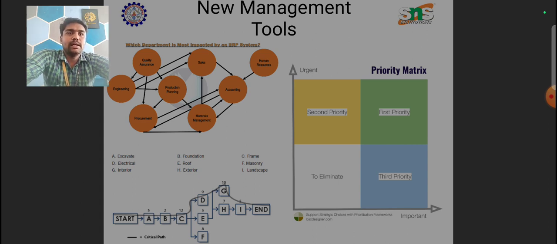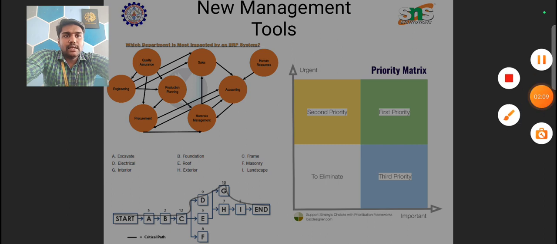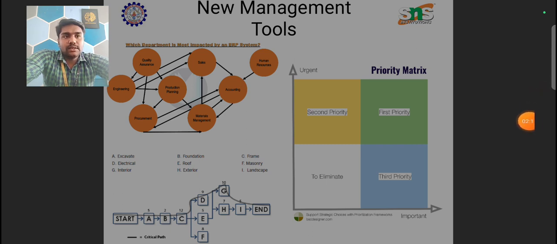The third will be the third priority based on the importance of the product. The fourth will be to eliminate. If we follow this priority matrix in a sequential manner, then we can attain the customer expectation in the proper process flow. This is the work which we are going to progress while deploying the total quality management tools.